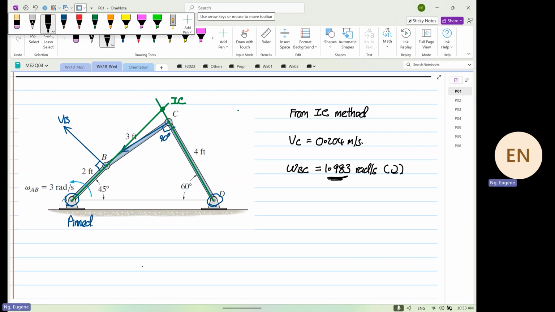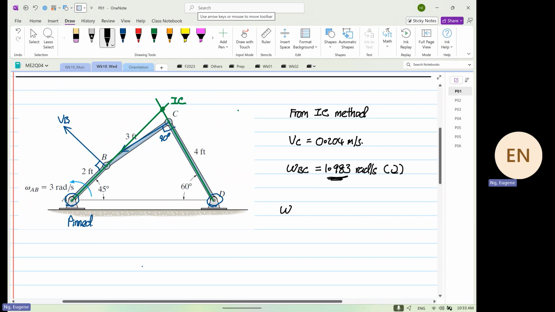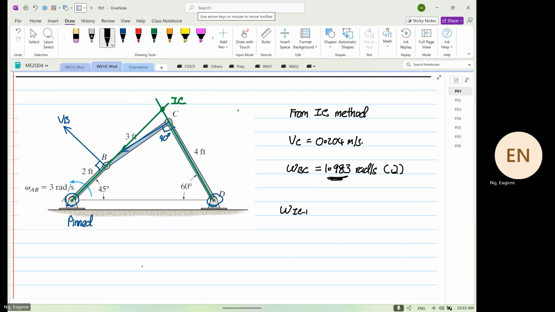Now, watch this. Now we know that omega IC B will be equal to omega IC C. And likewise, this is equal to omega BC. Why?